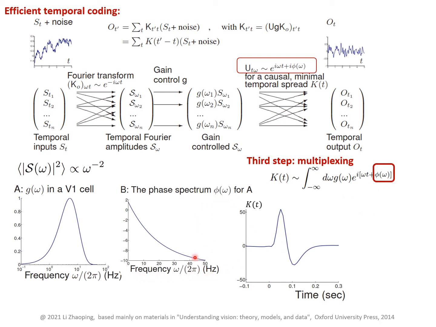And this choice one can make as the freedom to choose what your multiplexing matrix U can be. And of course, K(t) should also be real, written like that. So this choice of phase should also satisfy this requirement. That means it switches sign when the frequency omega changes sign.